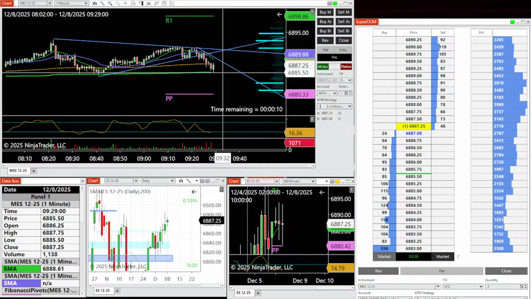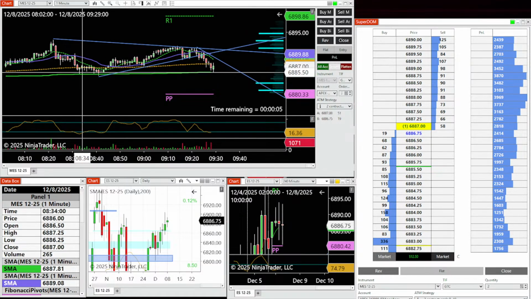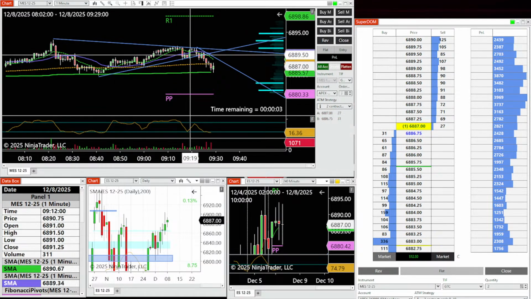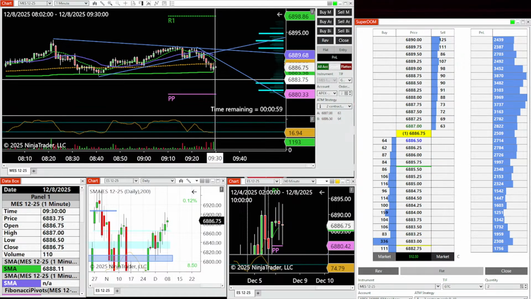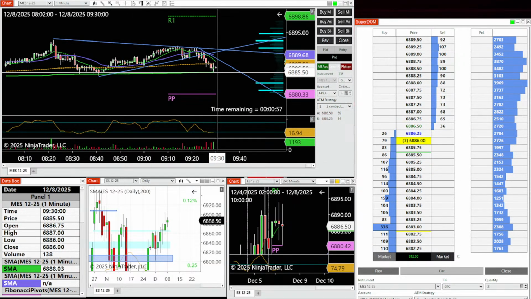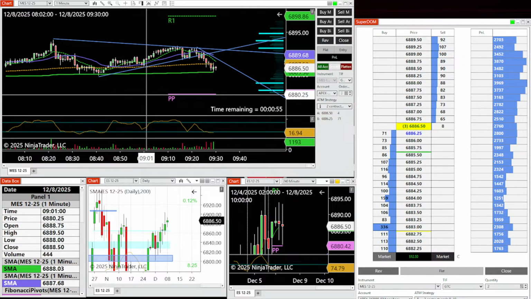Bounce off a VWAP. See if it holds. We did a double bottom here and it started to move up. We're going to triple bottom out here, or we're going to break and pull back.